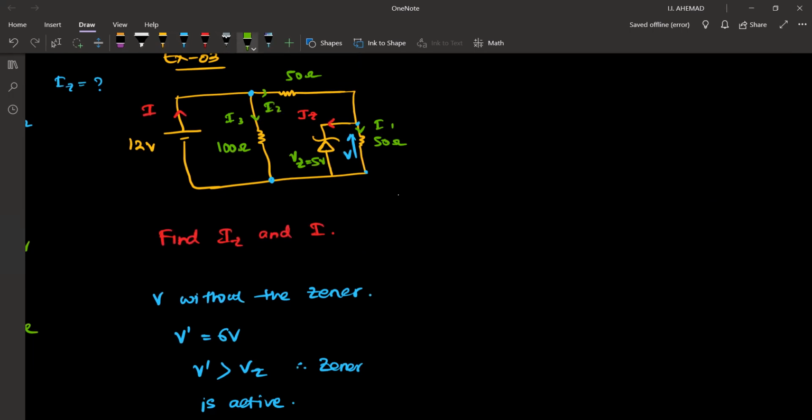So Zener is active, therefore this voltage will be 5, right? This will be 5. And then you should have 12, therefore this is 7. This is 12.